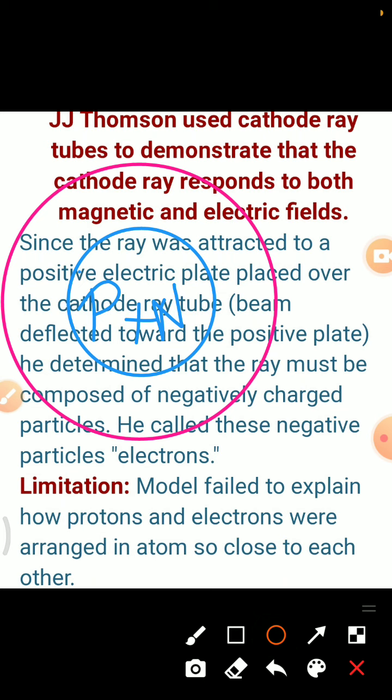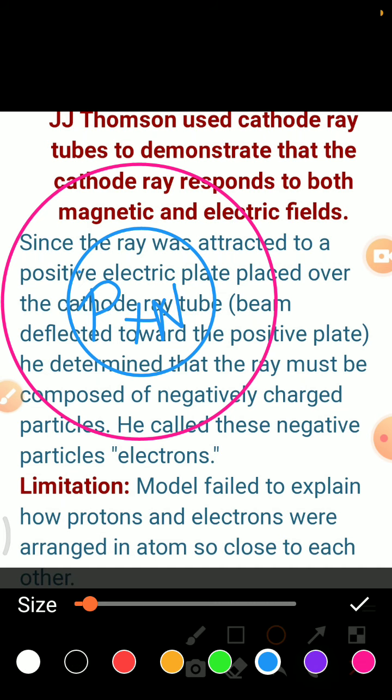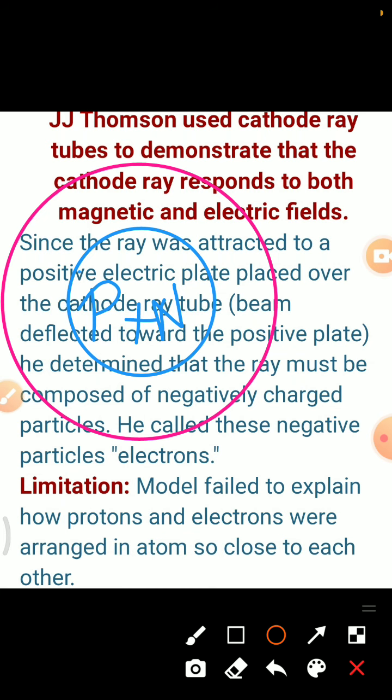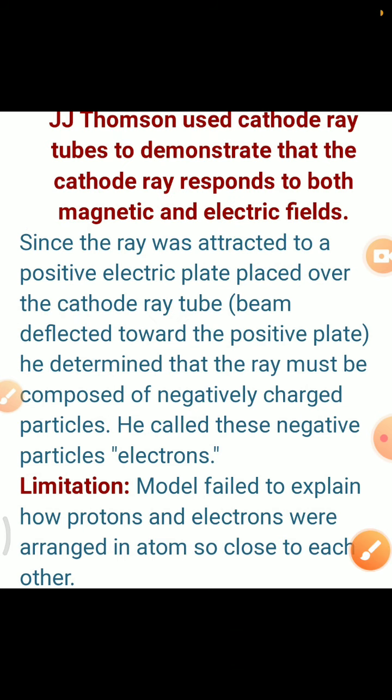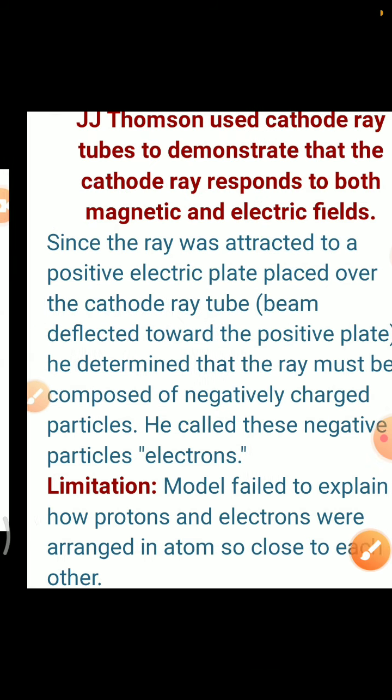It didn't prove how the chains around this nucleus get in a shape. Why do they revolve around a nucleus only? There is a kind of energy which is attracting them. So this was not proved by this experiment.